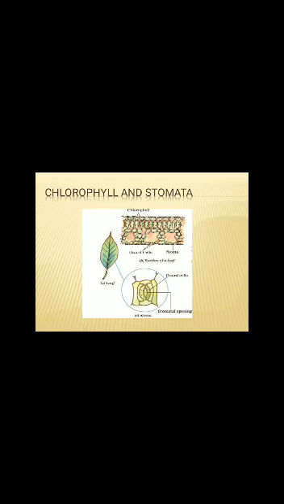Coming down over here, you can see on the lower side, we have got guard cells. These guard cells will guard the stoma or the stomatal opening. Below here, they've shown you that these are the guard cells which are found around the stomatal opening or stoma.